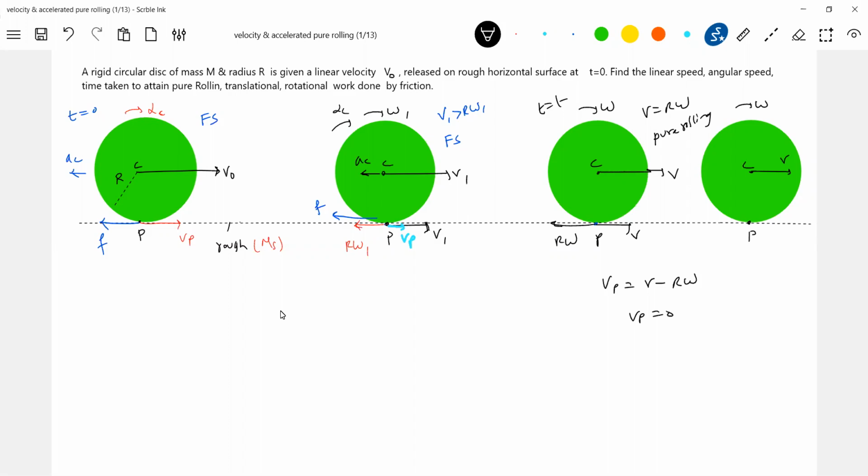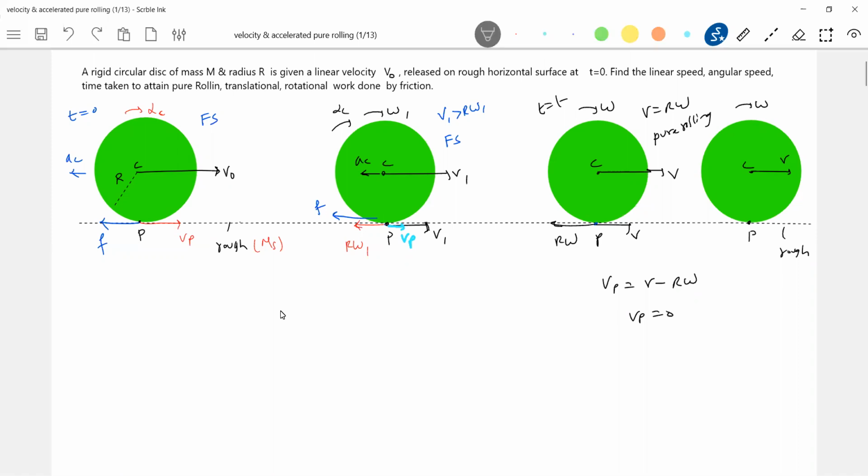How long, sir? As long as the surface is there. Even for a thousand kilometers, ten thousand, one lakh, from one planet to another planet, if there is a surface, even though the surface is rough, it will continue forever, because net force and net torque are 0, it will continue in its uniform inertia of motion.